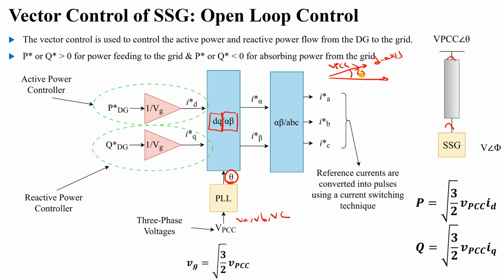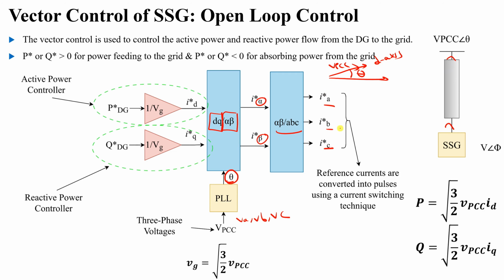So this can be obtained from the three phase voltages. Using the phase locked loop, we get theta, which is the same angle of transformation that will make the d-axis on VPCC, as we explained in the previous lesson. So by using the inverse Park transformation, you will get I alpha reference and I beta reference. By using an inverse Clarke transformation, you will convert from the alpha beta frame into the ABC frame.